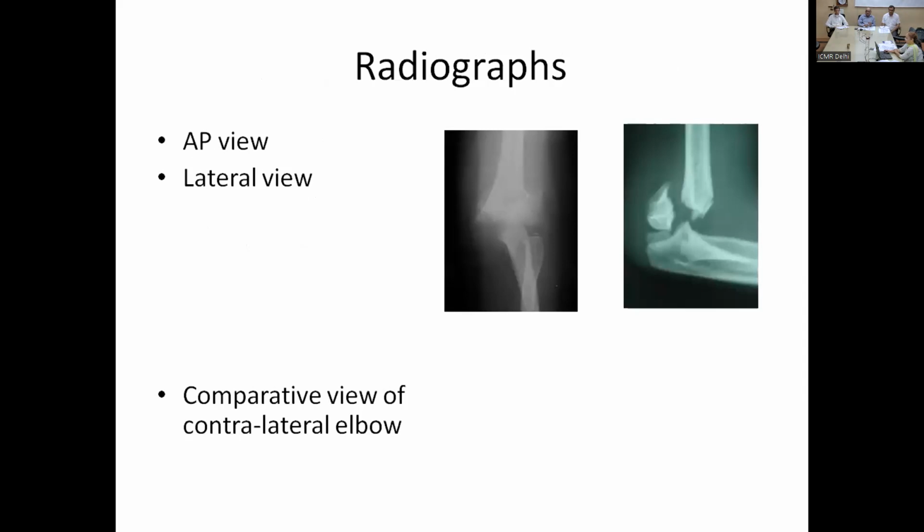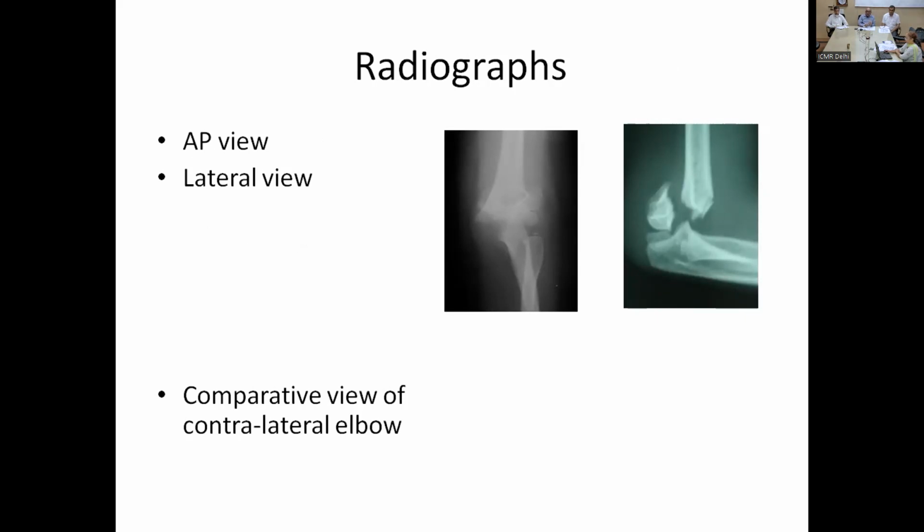Now, X-ray is important here to diagnose. In a primary health center, X-ray may not be available. But wherever it is available, X-ray must be taken in AP view and lateral view both. Sometimes when the fracture is minimally displaced or undisplaced, there might be doubt.